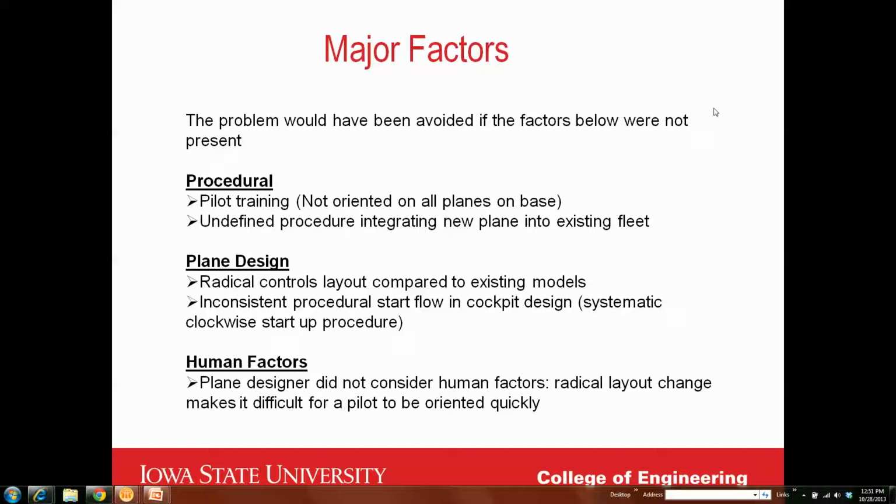The first group is the procedural issue, where we see pilot training as one of the major factors, because not all of the pilots on base are oriented with all the planes on the military base. On the second procedural issue, one of the biggest is an undefined procedure for integrating new planes into the existing fleet. This can be seen with the new plane being brought to the base without having a pilot, or all the pilots being well trained to fly the new plane.